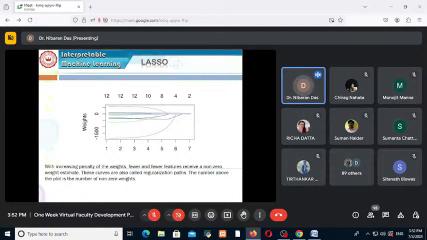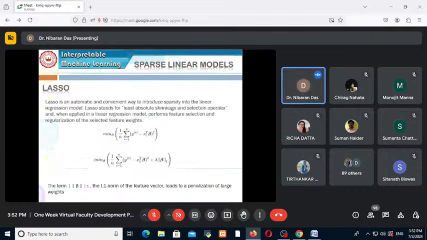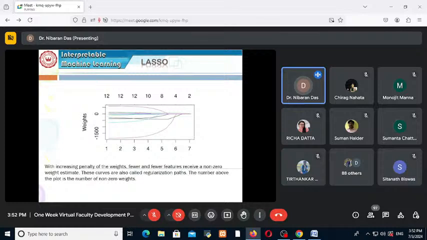on a logarithmic scale here. You could understand that the value of alpha here is around 10 to the power 5. This lambda, on the logarithmic scale, is 10 to the power 5.